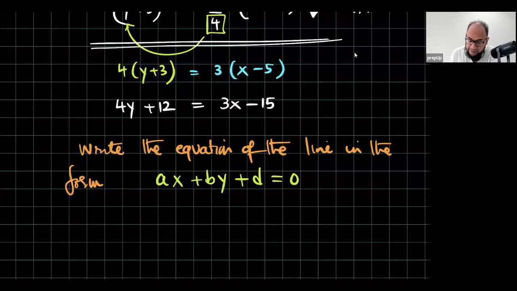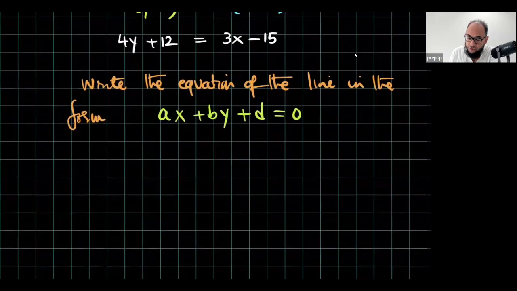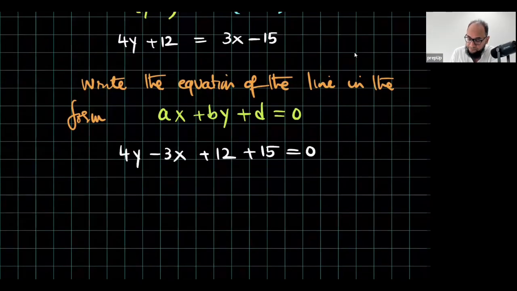So let me continue with the working. So we have 4y plus 12 is equals to 3x minus 15, 4y minus 3x plus 12 plus 15 is equals to 0. Negative 3x plus 4y plus 27 equals to 0.